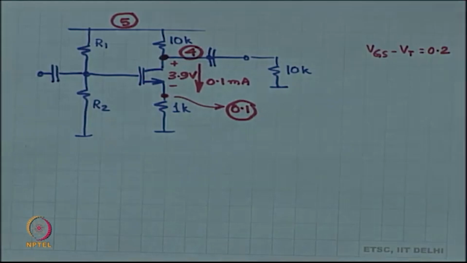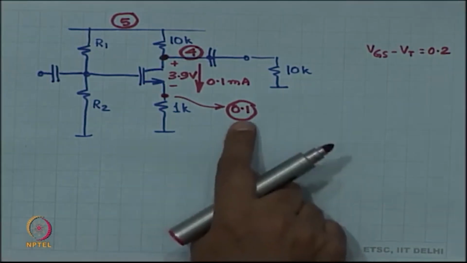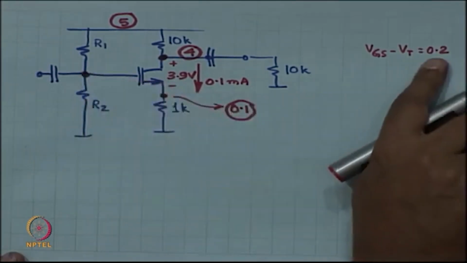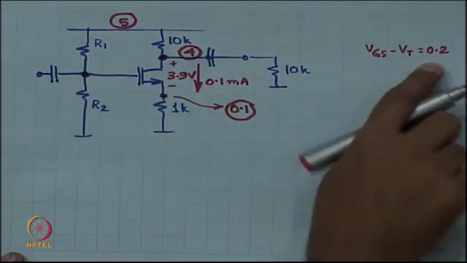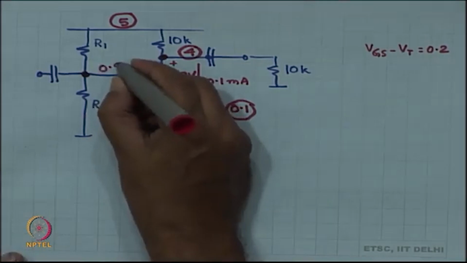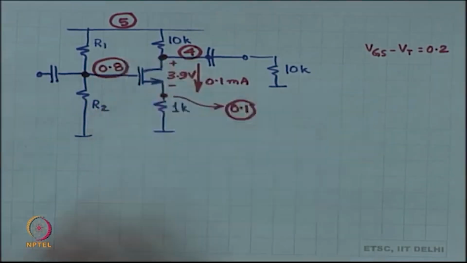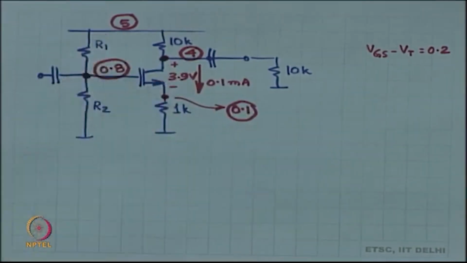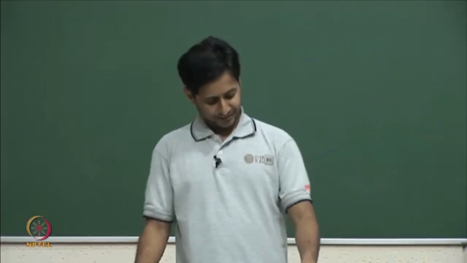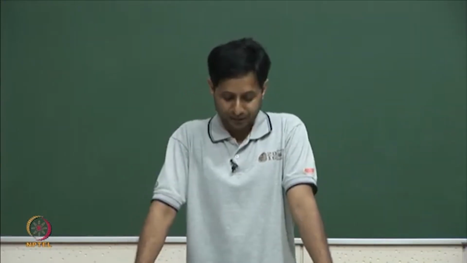That is, 4 volts is the voltage at the drain, 0.1 volt is the voltage at the source, and if I have VGS minus VT as 0.2 and let us say VT is 0.5, then the voltage here is 0.8, and you have organized R1 and R2 in that fashion. Okay. Am I being clear over here? Yeah. Okay.